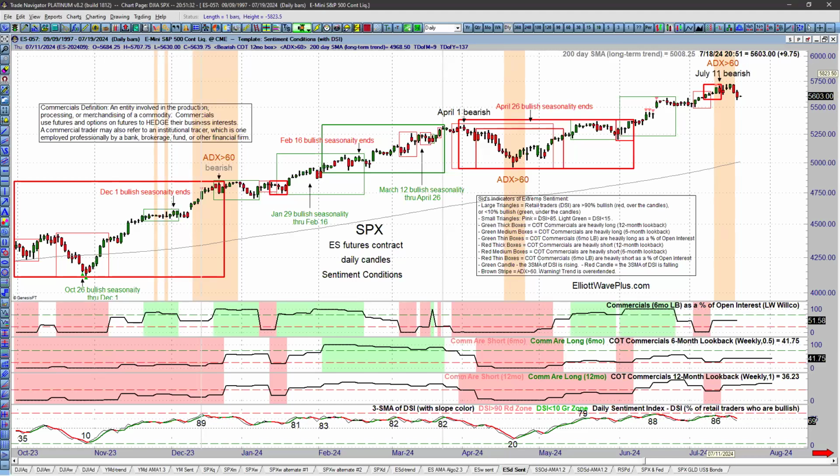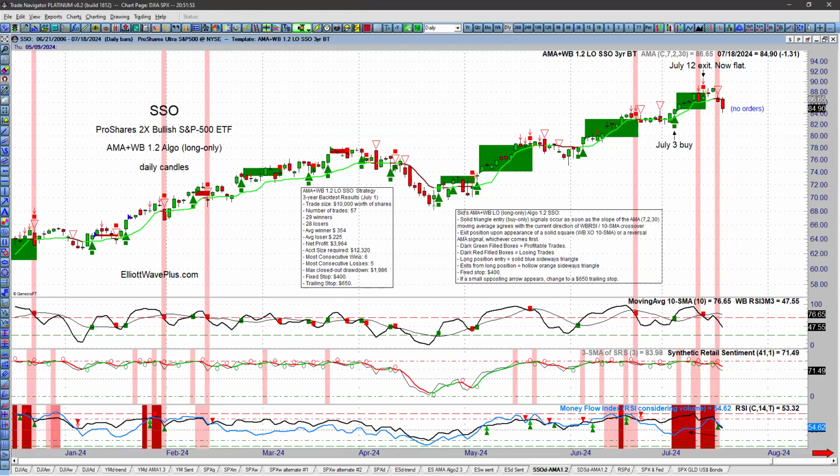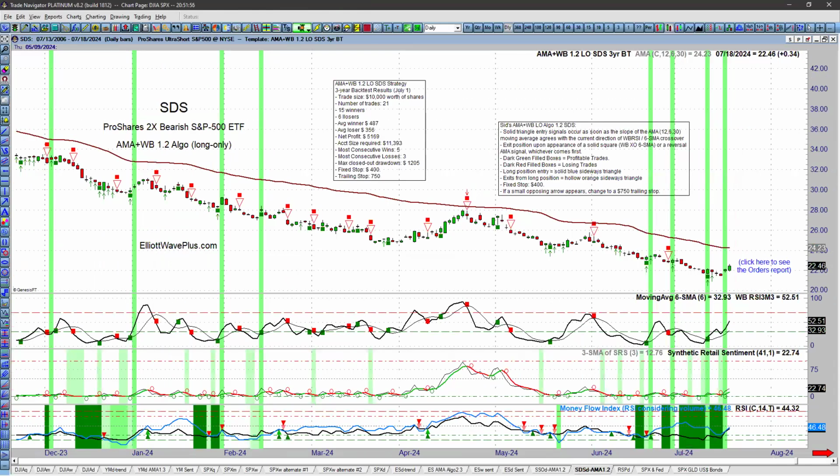So on July 11, we got the first warning on the daily sentiment conditions, looking for an important peak at the same time as we were up here where the ADX indicator was over 60, extremely overdone to the upside. So it's not a perfect storm on the S&P of bearishness, but it is very close, as I had mentioned earlier.